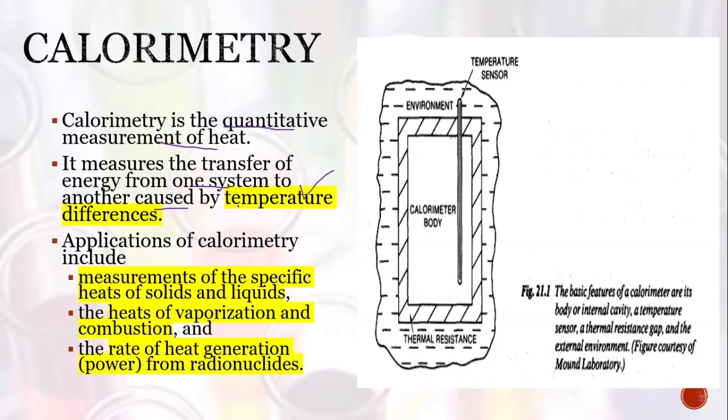Usually calorimetry can be applied in areas that include the measurements of specific heats of solids and liquids, the heat of vaporization and combustion, and also when we want to determine the rate of heat generation from radionuclides.